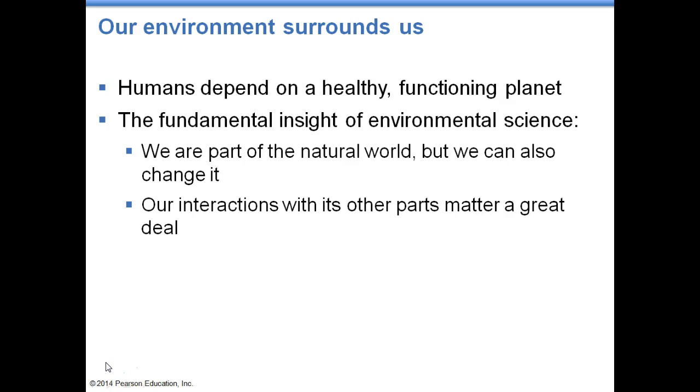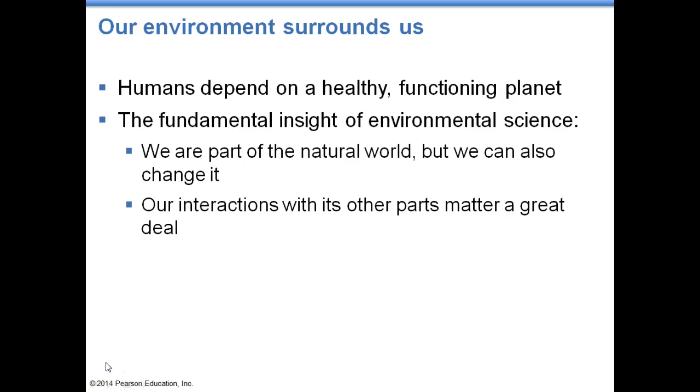So we really depend on this healthy, functioning planet. So when we think about what is the fundamental insight of environmental science? We are part of this natural world. We can change this natural world, and our interactions with the natural world are very, very important.